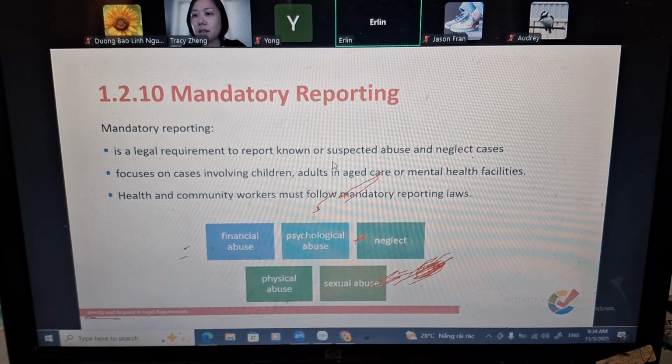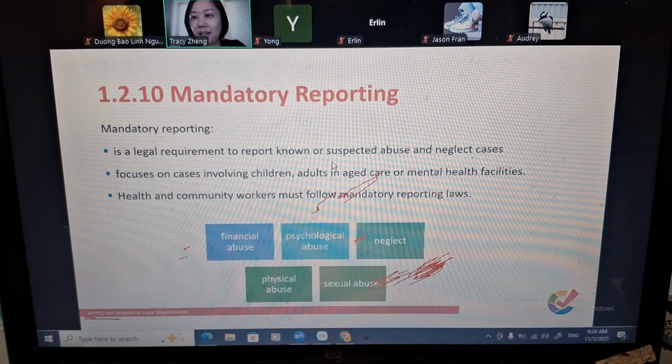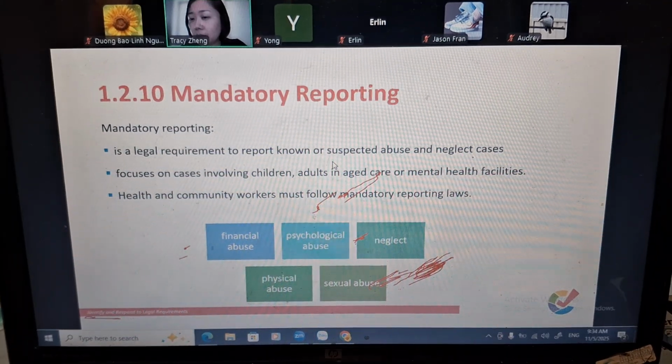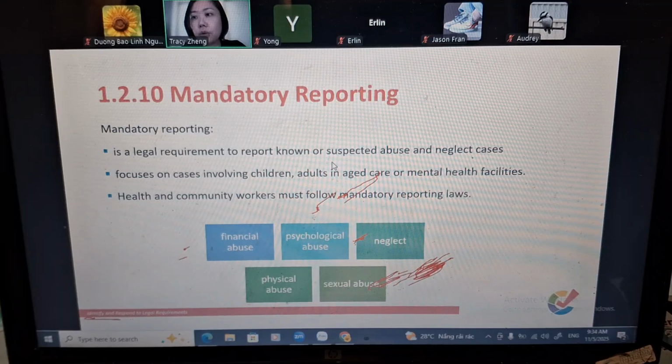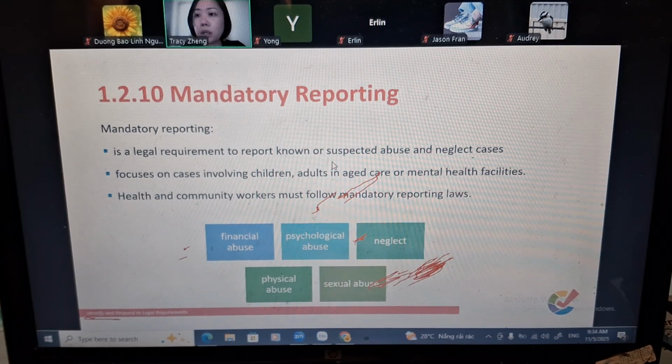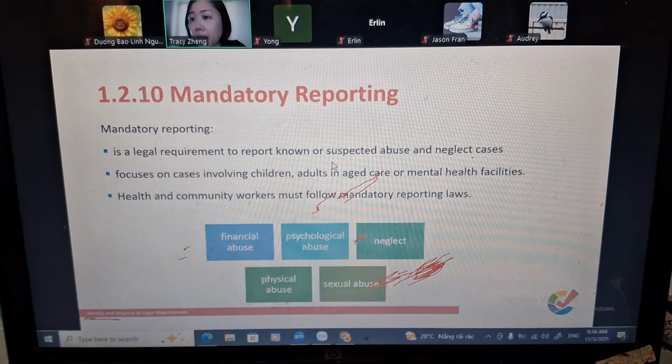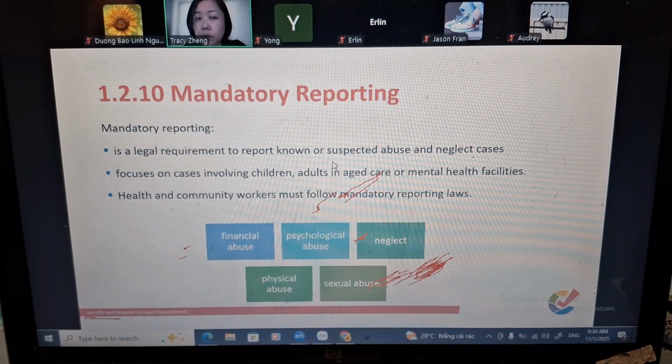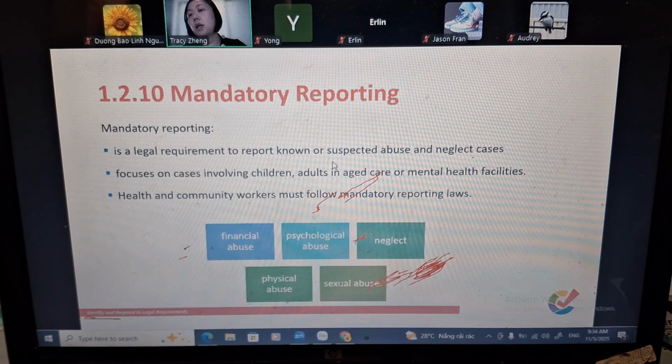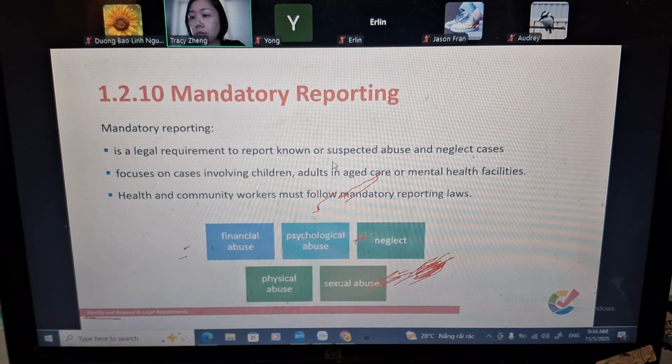Kidnapping. Yeah. Or they've gone missing. They're absconding, right? So if you have any missing residents, like your resident is not in the facility, you couldn't find them, right? That is also a case you must report. That is also part of the mandatory reporting, okay?